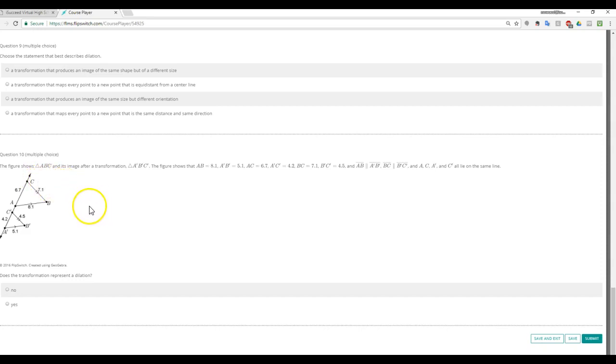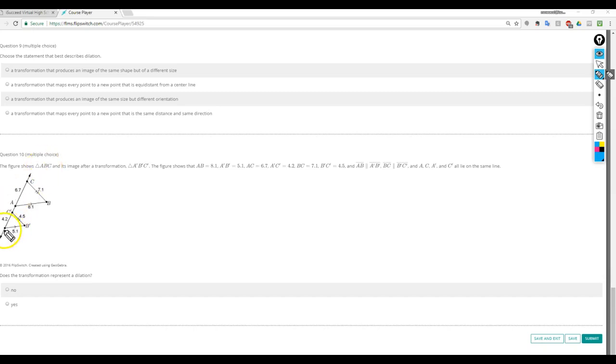So we need to compare corresponding sides and check their ratios. And now how we can identify corresponding sides is the order in which the triangle is named.